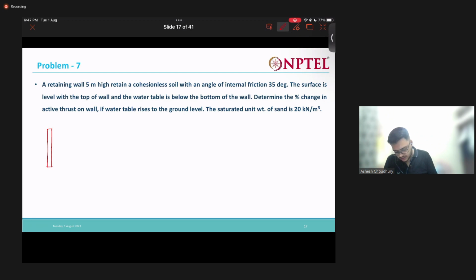Right. So we will have a 5 meter high wall. In the first case we'll have the simple triangular variation, right? So what will this be? This is nothing but 0.271 into 5 into 17, since phi is the same 35 degrees, so K is the same 0.271.